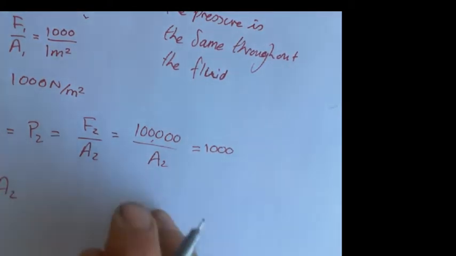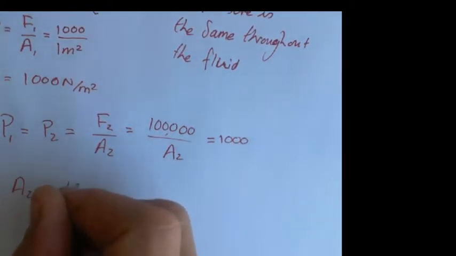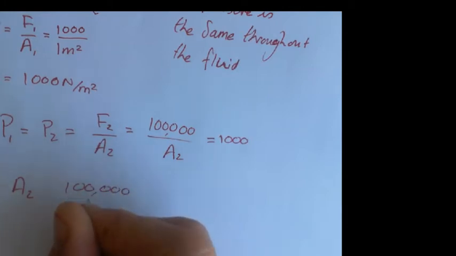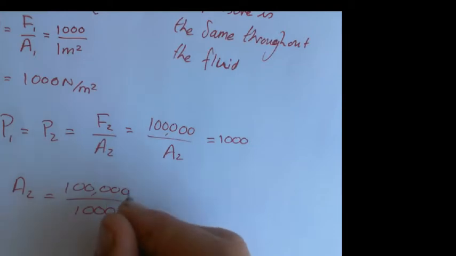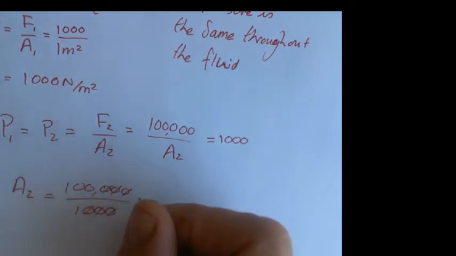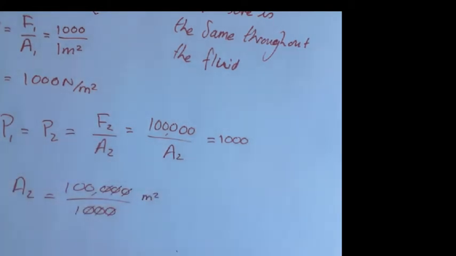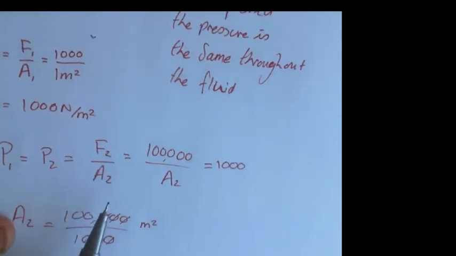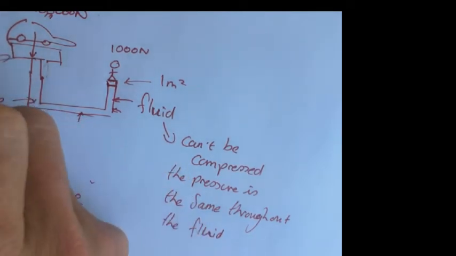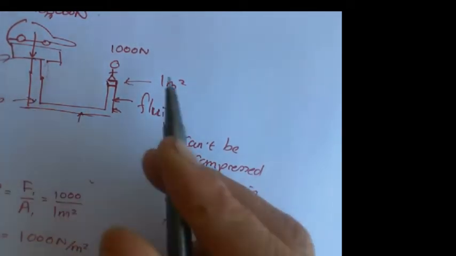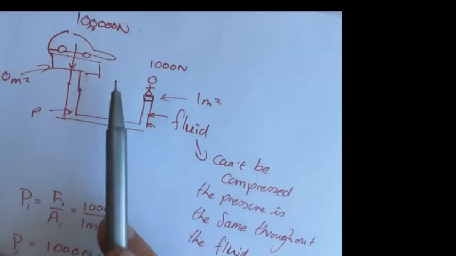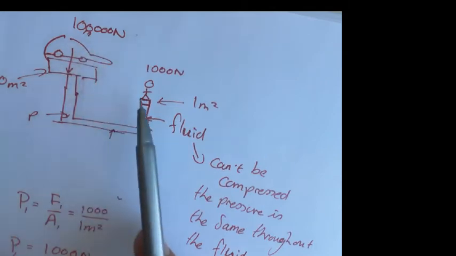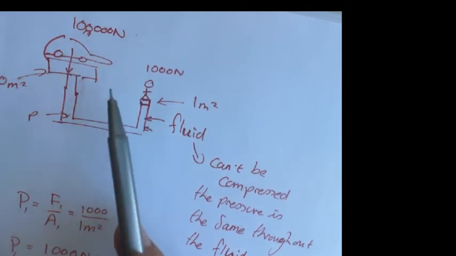So you know that the area is going to be equal to 100,000 divided by 1,000. Cancel out my zeros. So area 2 equals 100 meters squared. And that makes sense because that area would have to be 100 times bigger than this area in order for a person that weighs 100 times less than the car, for those two forces to be balanced, okay?